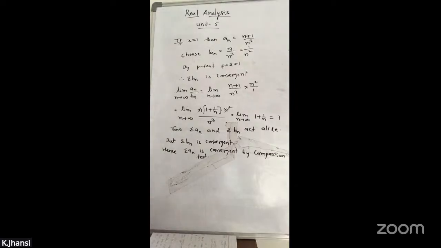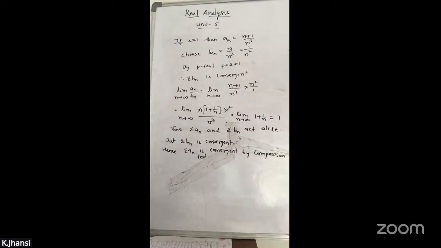In the exercise you have problems, the MCQ questions will be there, no? You can see some more example problems in your textbook and practice them. Next we have Cauchy's root test. We have a definition, and with the help of the definition you can solve the problem.